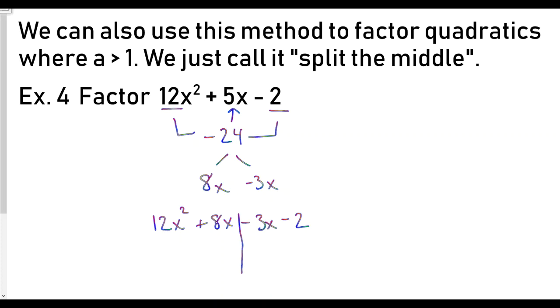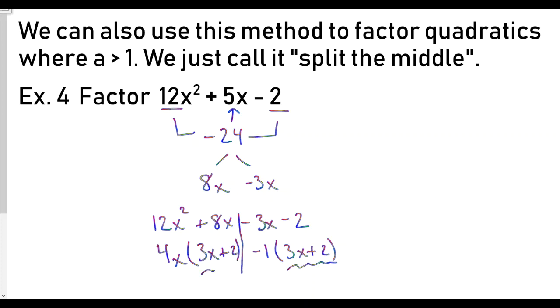So it's the GCF between 12 and 8, which is 4, and between x squared and x, which is x. What's left over? Well, I have 3x plus 2. Over here, the GCF between negative 3 and negative 2 is really just 1. But remember, because that third term is negative, we want to factor out a negative. If I factor out a negative 1, I have 3x plus 2. Remember, when we factor out a negative, it changes the signs.